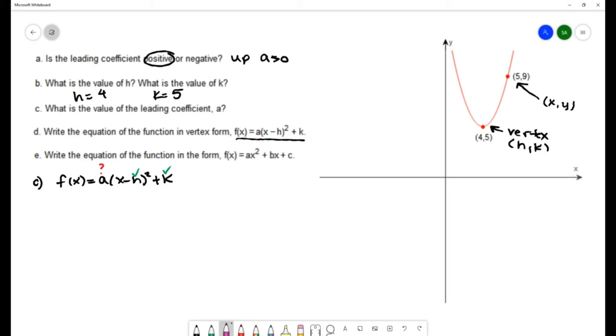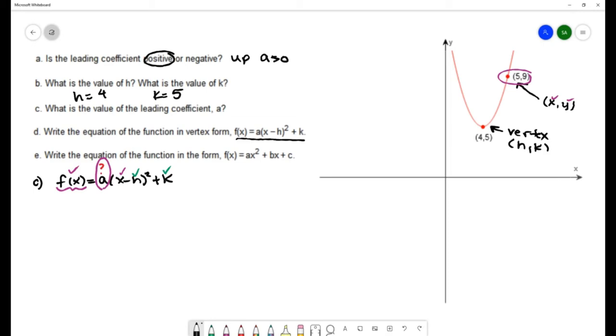Now we also have this ordered pair (5, 9), and we're going to use that as an x and a y. This is the x, and f(x) is the same thing as y. So we have values to substitute for all the variables except for the one that we're trying to solve for. So we're going to be able to substitute those numbers in and solve for the value of a.